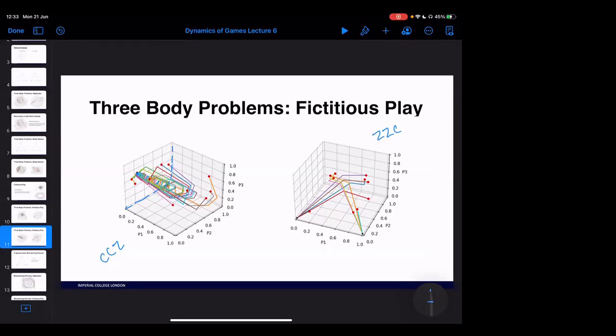We're always going to reach it, right up until Lloyd Shapley gave us the Shapley game, in which it was shown that fictitious play doesn't converge. Is there something similar going on here? Is there a similar type of game that we can find for which fictitious play isn't going to converge?